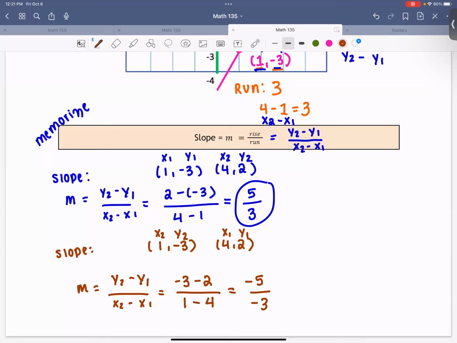We can cancel out the negatives too. So you basically get the same thing. The reason it works is because you get something different on the top and the bottom, but since they're divided by each other, they cancel each other out. So it doesn't matter if x1, y1 is the first point or the second point. The only thing that does matter is you can't put x1 with y2.